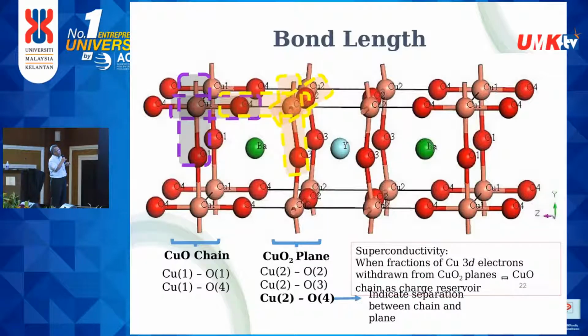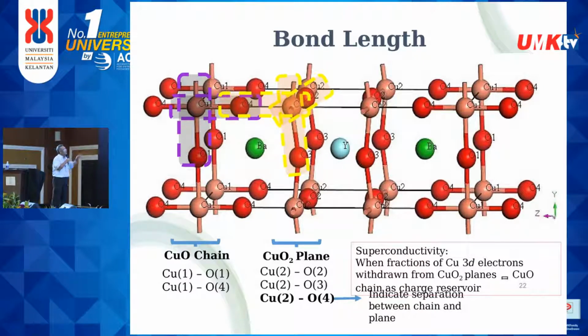So this is the bond length. This is between the copper oxide chain, so we focus on Cu1O1 and Cu1O4. And also for the CuO2 plane at Cu2O2, Cu2O3 and Cu2O4.